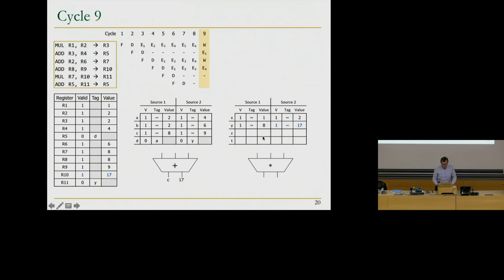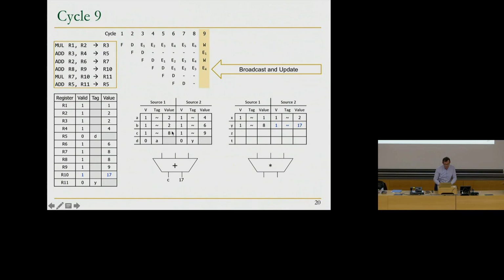Okay. So in this cycle, a similar thing happens. This add R8, R9 finishes over here. So it broadcasts its tag in cycle 9. And you can simulate it. We didn't animate it fully, but it was adding R8 and R9.